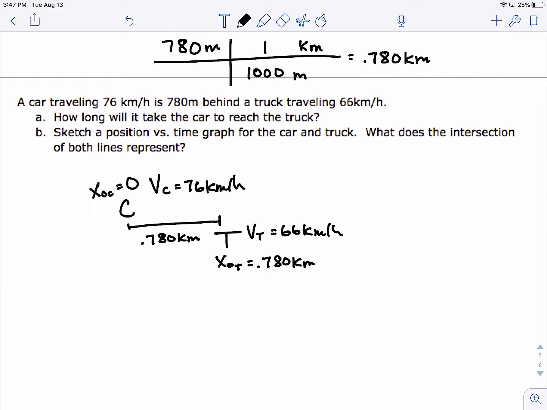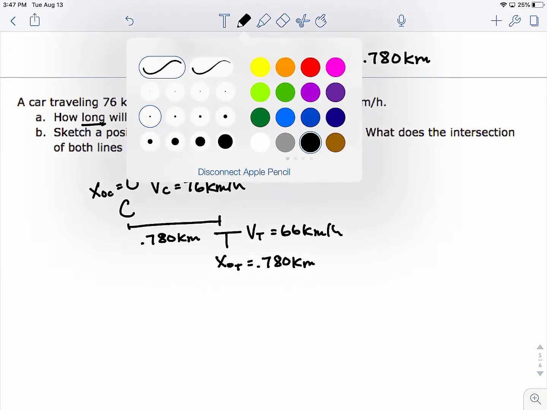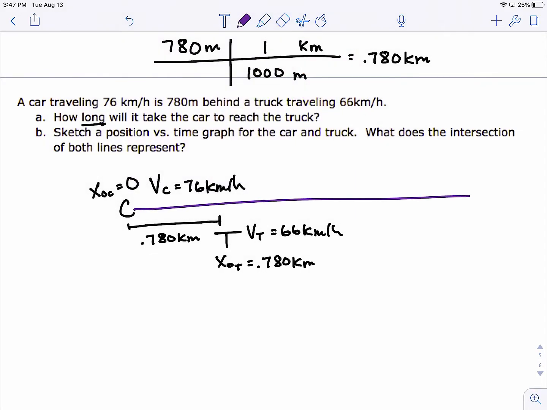Okay, so what else? It says how long will it take, so we're looking for time, for the car to reach the truck. So eventually, the car and the truck are going to reach each other, which means that the final position for the car is equal to the final position for the truck.